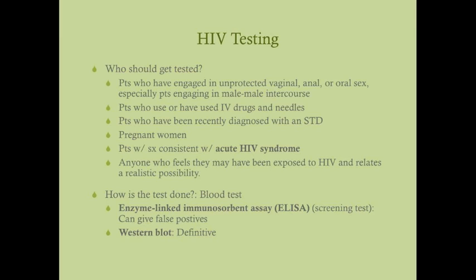So that would include unprotected vaginal, anal, or oral sex, particularly patients that engage in male-male anal intercourse. Anal intercourse has a higher probability of transmitting HIV because the anal mucosa is a little bit less adept for dealing with that kind of trauma.